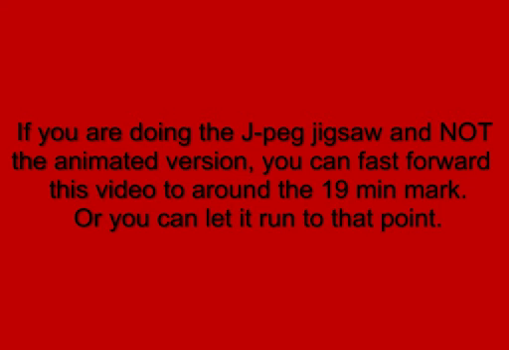The next 10 or 15 minutes of this tutorial is for the people that are doing the animated windmill simulation. So if you're doing the JPEG and you don't want to watch all the information for the windmill, you can jump up to around the 19-minute mark, and there you'll pick up what you need to know to finish off your JPEG jigsaw puzzle.